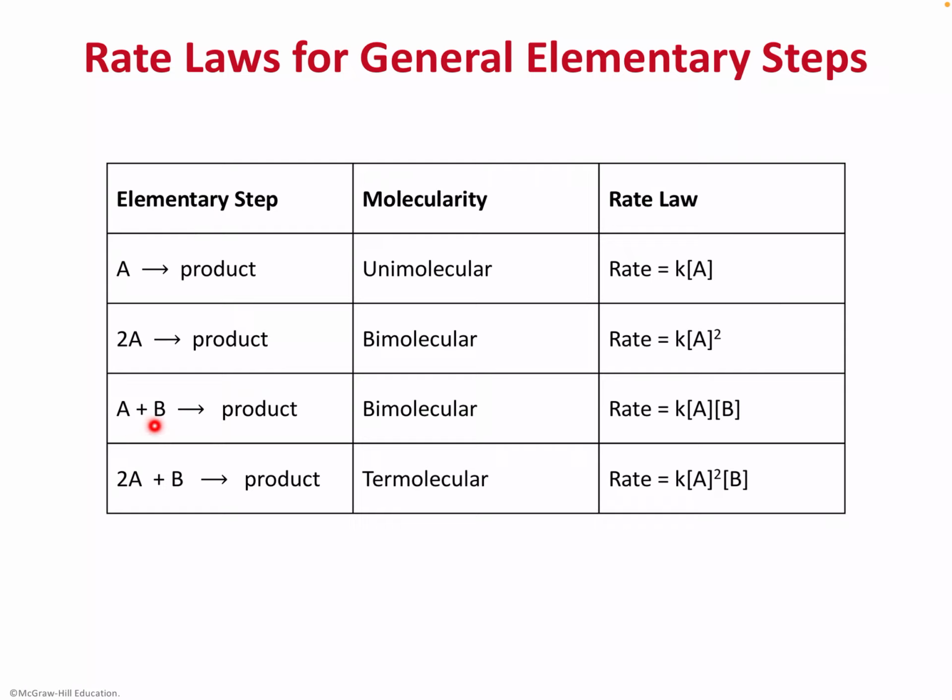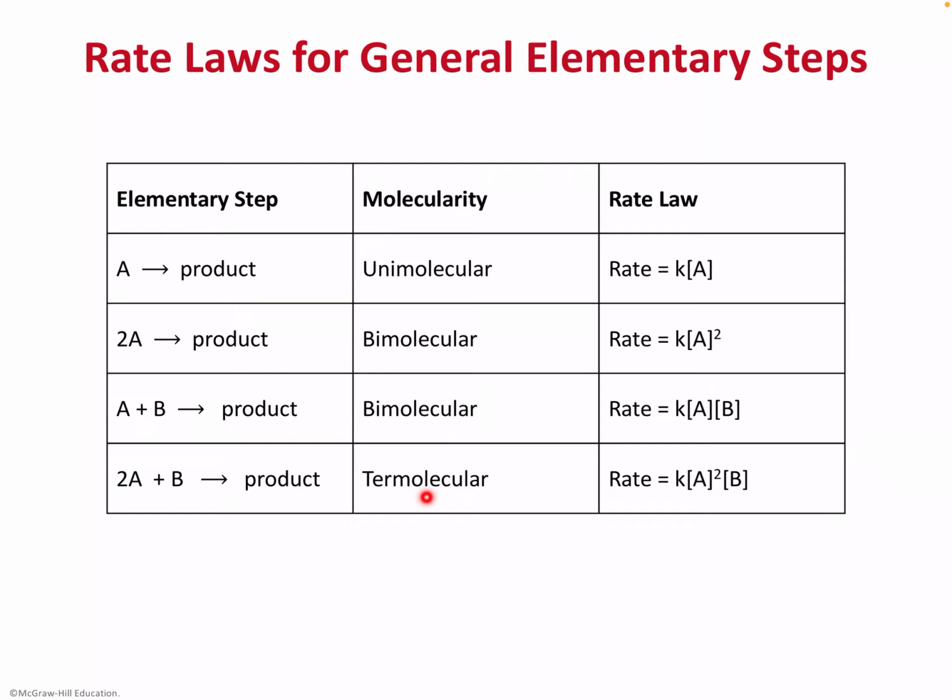Now if you have A plus B, 1 to 1 ratio, there are 2 molecules and we say it's a bimolecular reaction, and then the rate is first order with respect to A, first order with respect to B. Molecularity is bimolecular because there are 2 molecules. Now this one, 2A plus B, 2 plus 1 is 3, right?